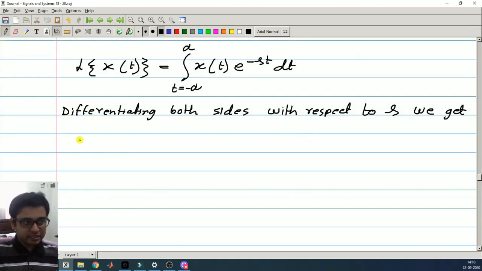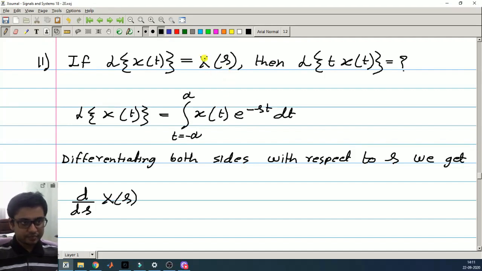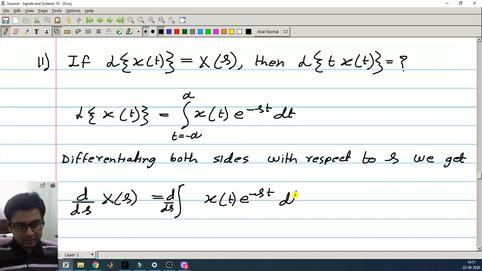So what we will get here, the left side will become d/ds of this Laplace transform, which is given as capital X(s) here, and the right side will be the derivative of this integration, t from minus to plus infinity.